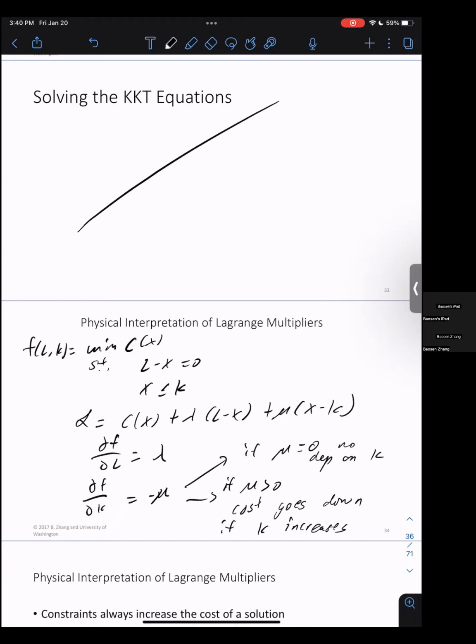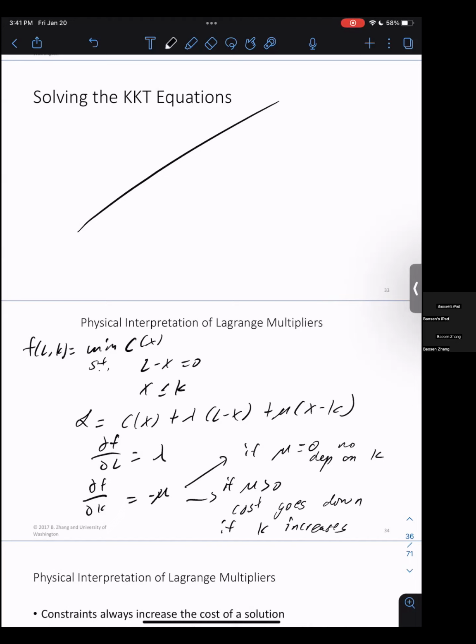That's why this is another argument for mu having to be positive, right? If I increase K, I'm minimizing this problem, so my minimum value has to go down. You're searching over a larger space. So that's why mu has to be positive; mu cannot be negative here.